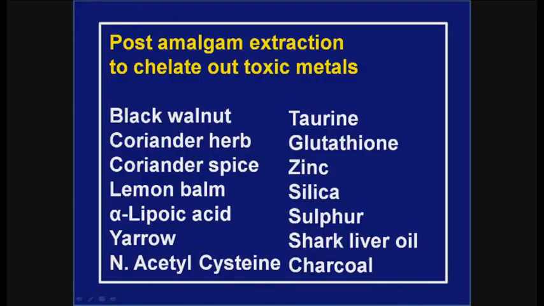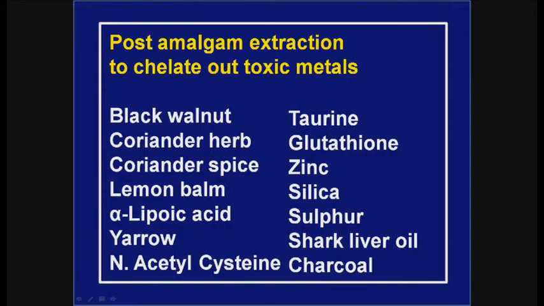So having had the amalgam removed, it's a good idea then to use something which flushes metals out, such as black walnut, coriander herb or spice, lemon balm, alpha-lipoic acid, yarrow, N-acetylcysteine, because that goes on to make glutathione, which is the main metal detoxifier, taurine, zinc, silica, sulfur, shark liver oil, and again charcoal.